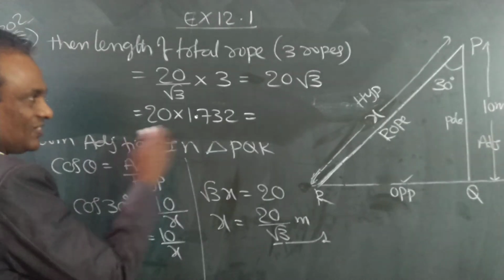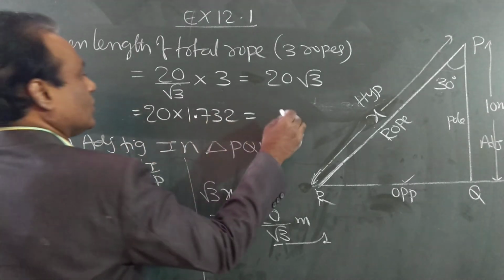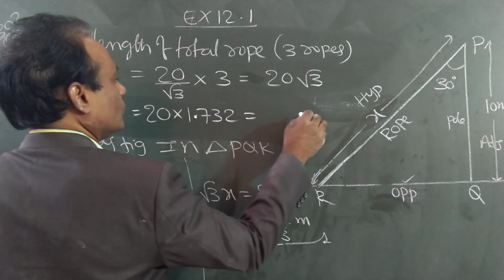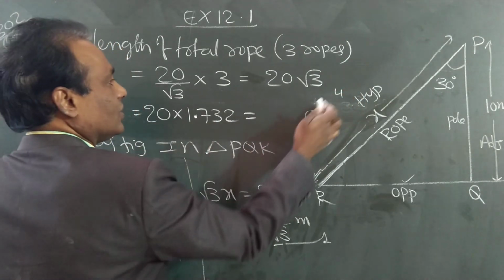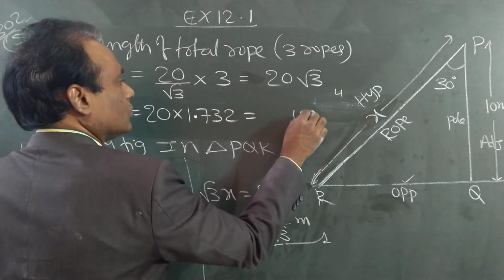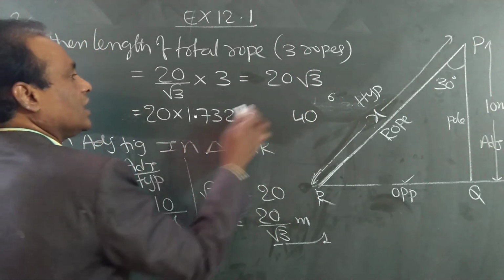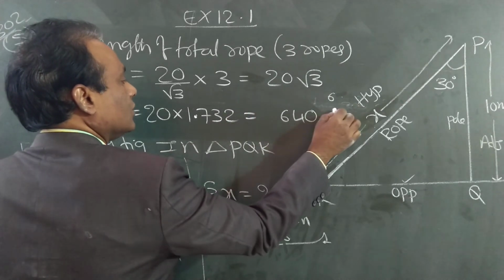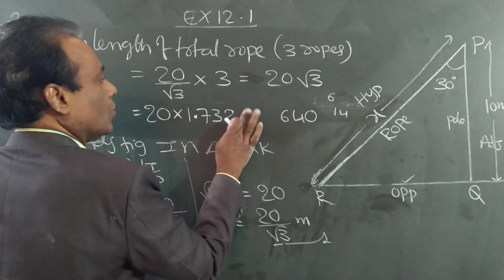You multiply these two. 20 into 2, 40. 2 twos are 4, 04. 2 threes are 6, 64. 2 sevens are 14, 146. 2 ones are 2, 34.